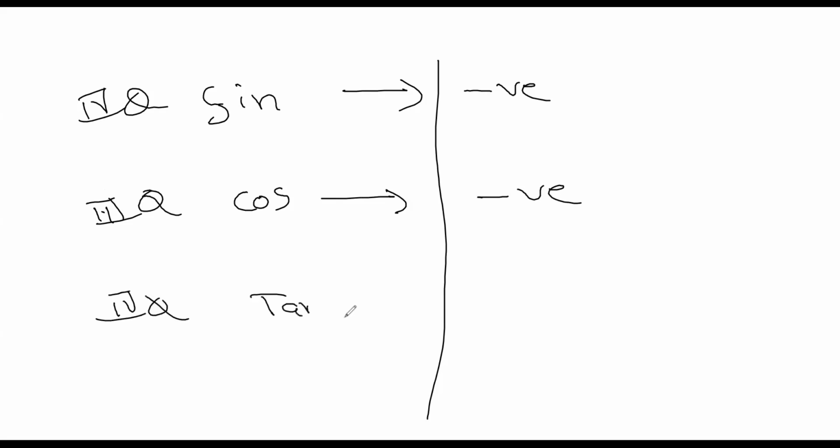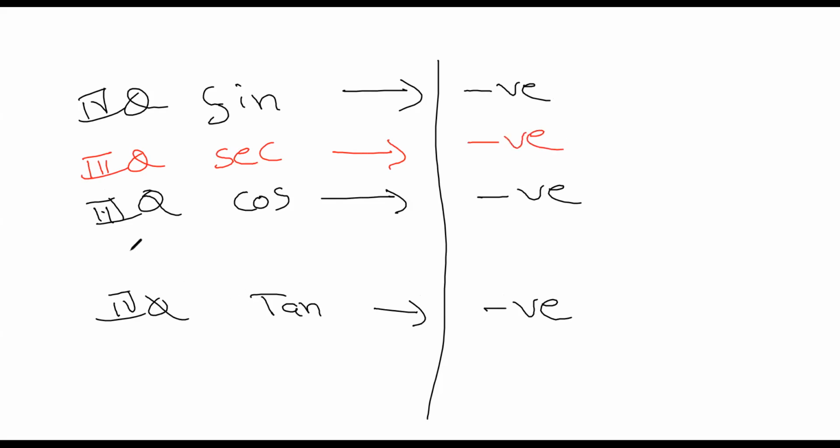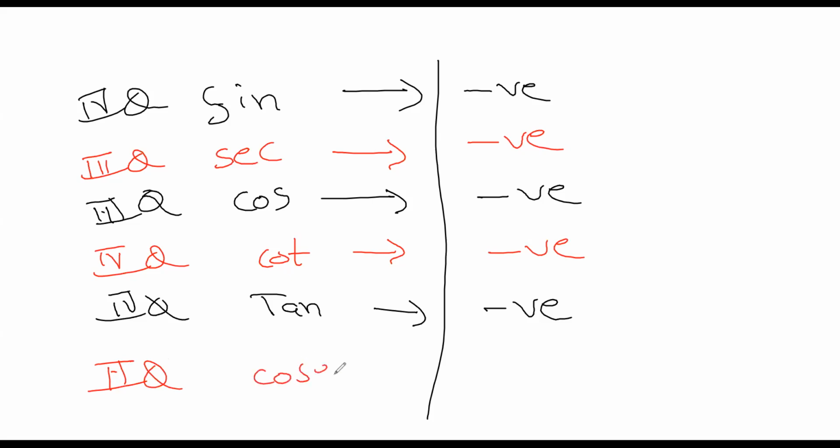Fourth quadrant tan. Negative. Third quadrant secant. Negative. Fourth quadrant cot. Negative. Second quadrant cosecant. Negative. Oh, positive. It's positive.